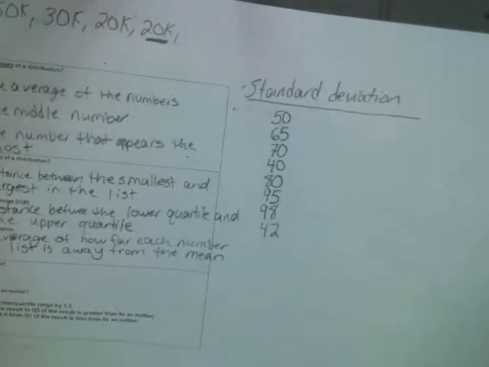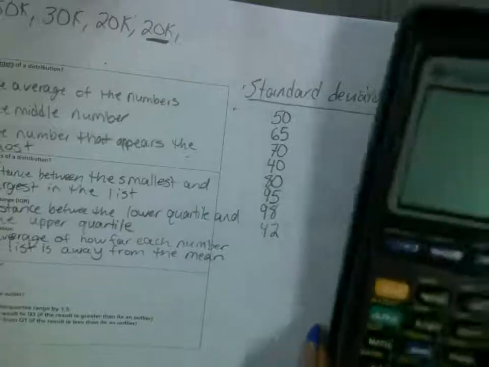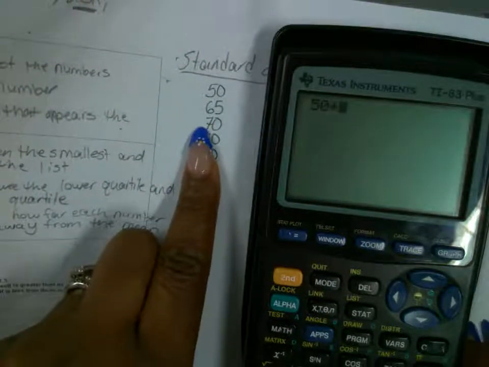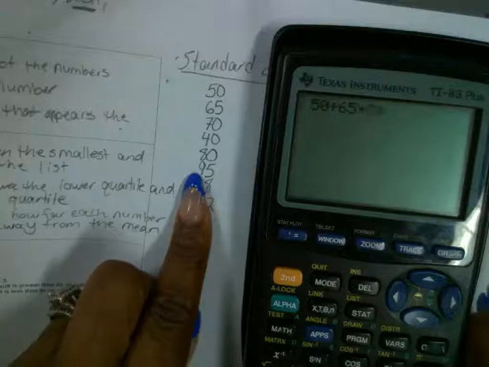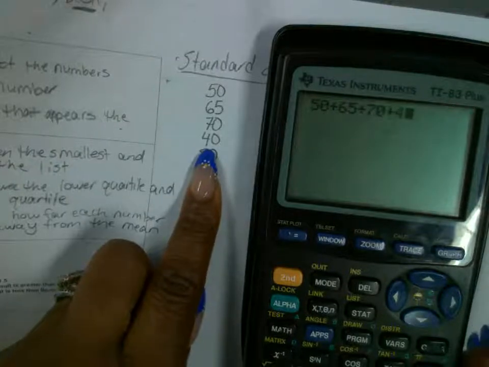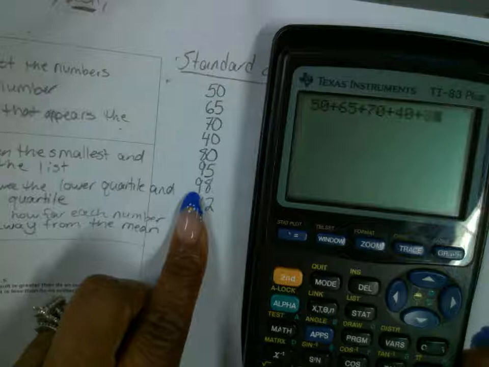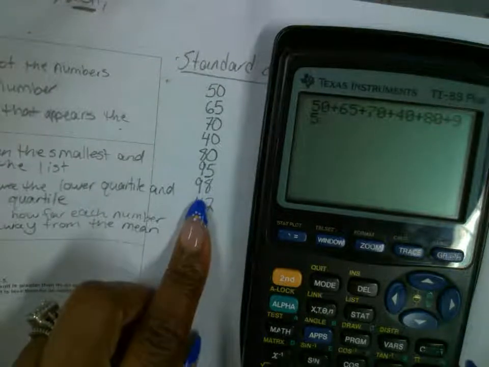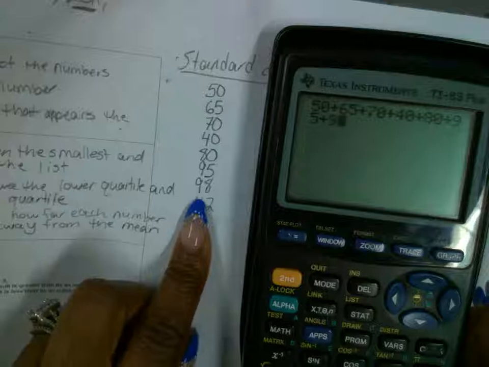All right, so now we gotta find the average of these numbers. So how do we find the average? You add them all up and then divide by how many numbers. All right, so let's add all these together. So we got 50 plus 65 plus 70 plus 40 plus 80 plus 95 plus 98.